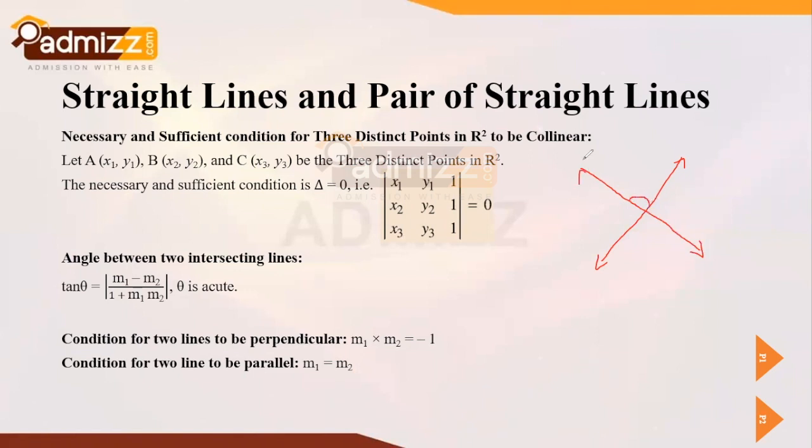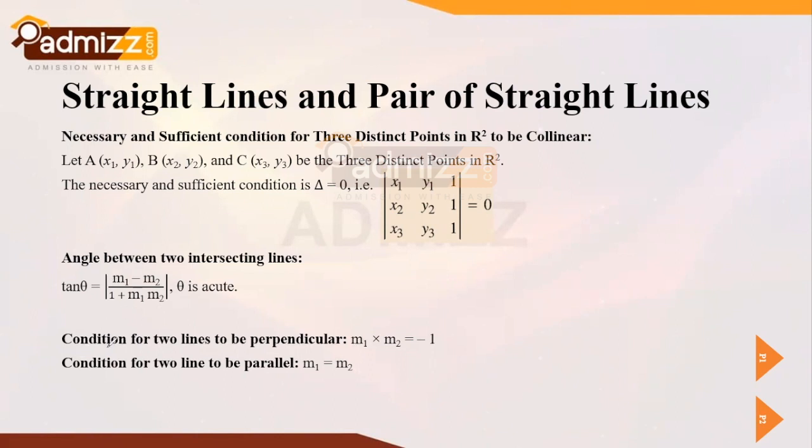It can be found using this fundamental: tan theta equals the modulus of (m1 minus m2) divided by (1 plus m1 m2), where theta is the acute angle, that is, theta ranges from 0 to pi by 2. We'll have a look at a problem which will help in simplifying this kind of problem set.